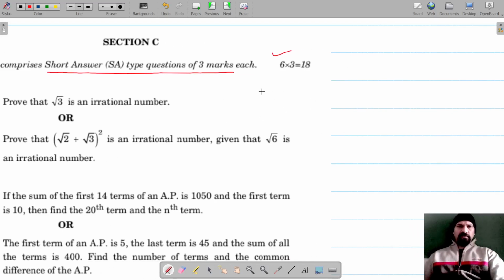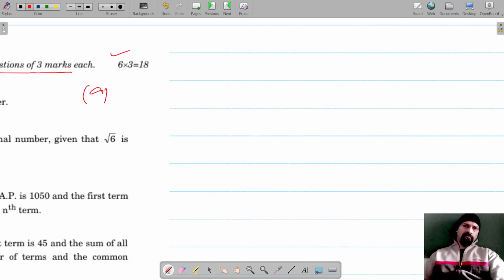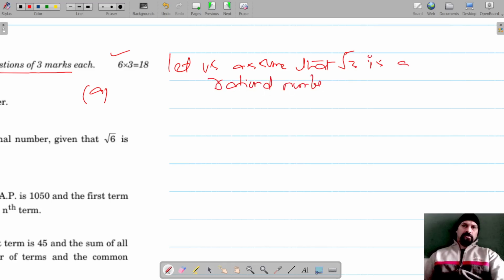So let's consider the first part. We have to prove that root 3 is an irrational number, for which let us assume that root 3 is rational.